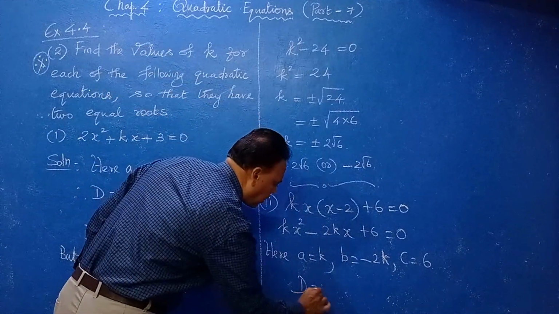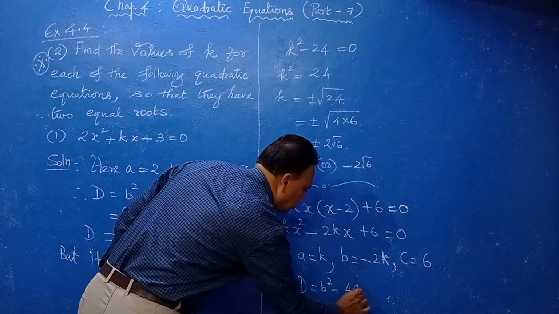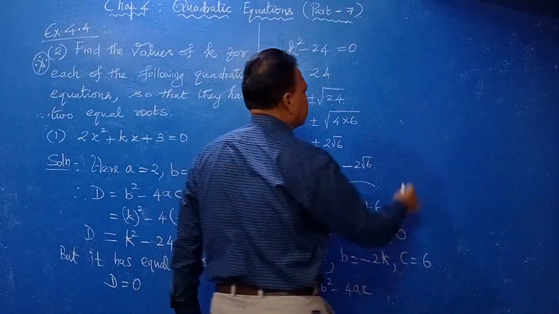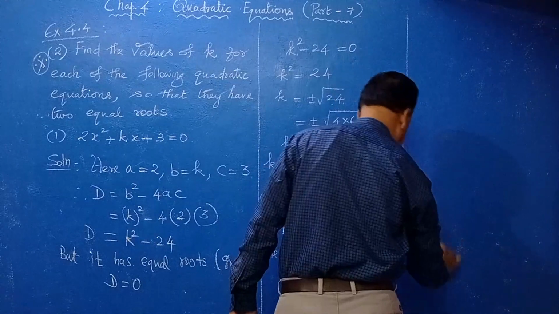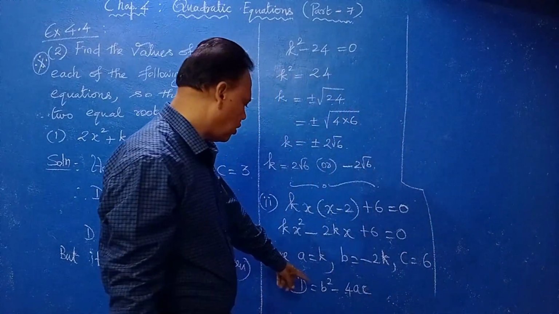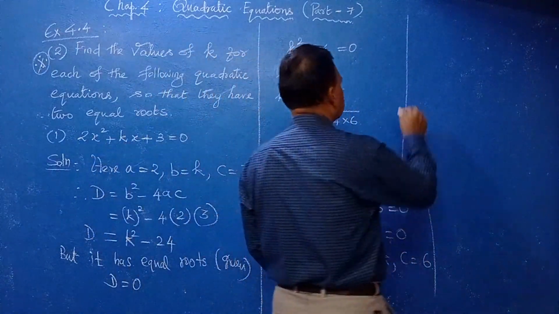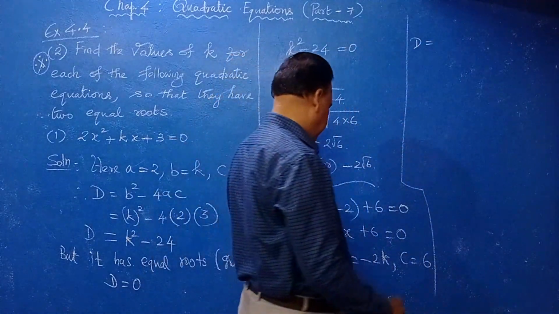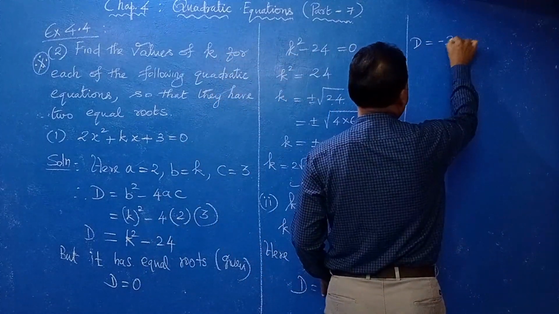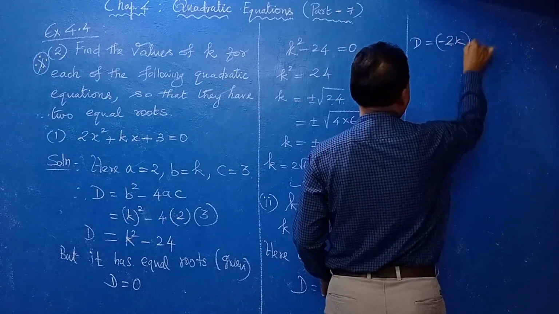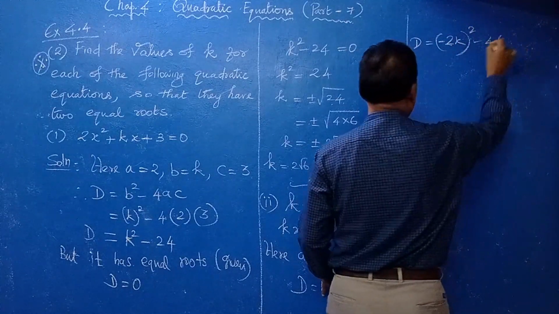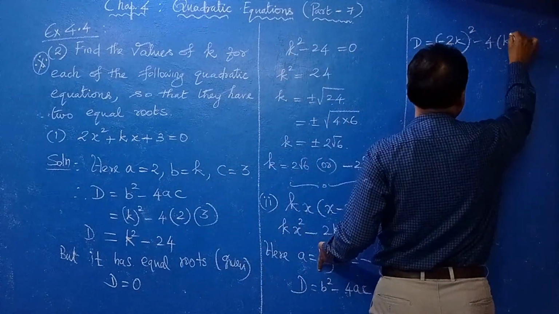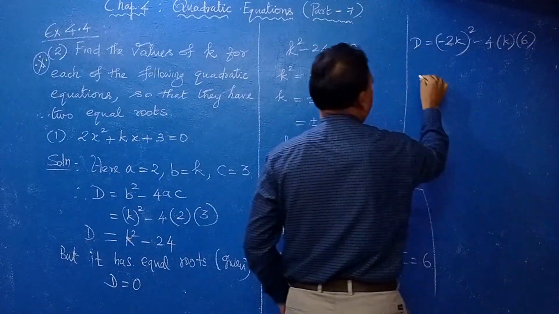D is B square minus 4AC. Now put the values in D. D equal to B is minus 2k the whole square, minus 4 into A is k, C is 6.